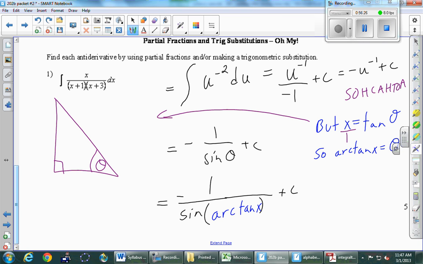So that means that the opposite must be x, and the adjacent must be 1. Let's find the third side by using what? Pythagorean theorem. Good. So we're skipping the details of getting that, but that's the Pythagorean theorem calculation there.